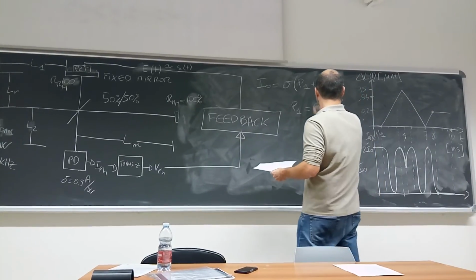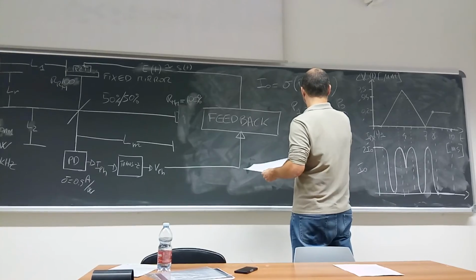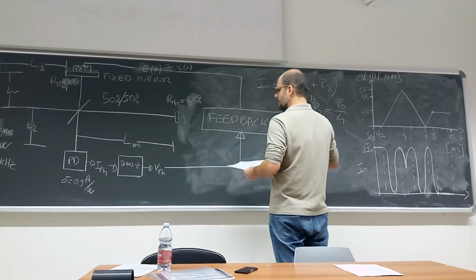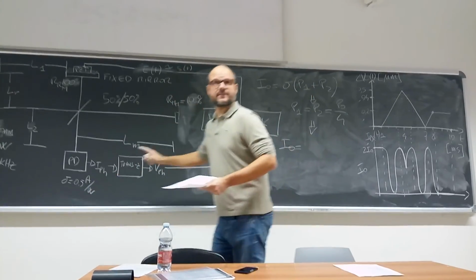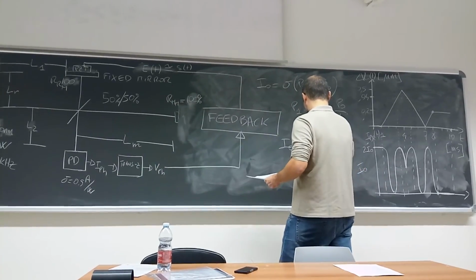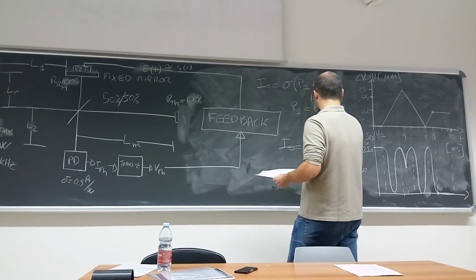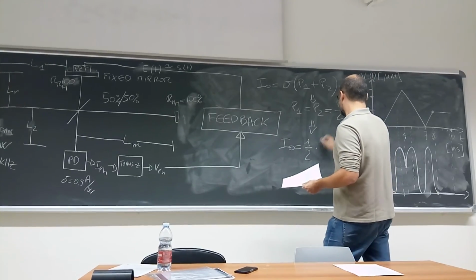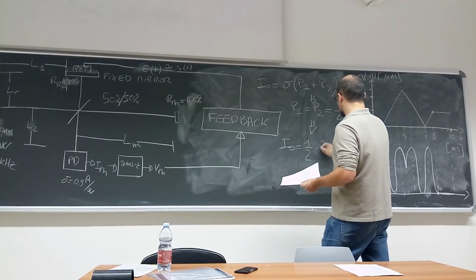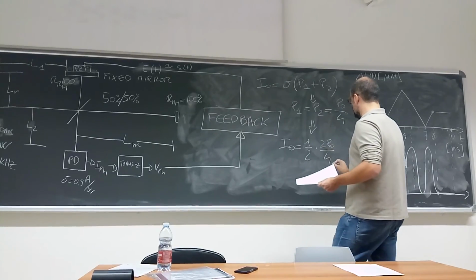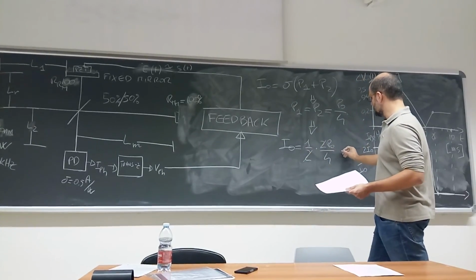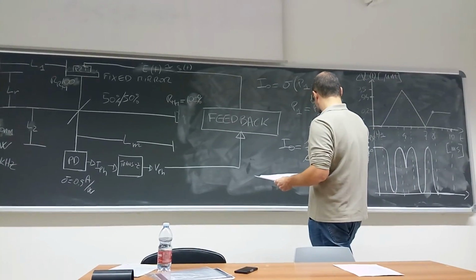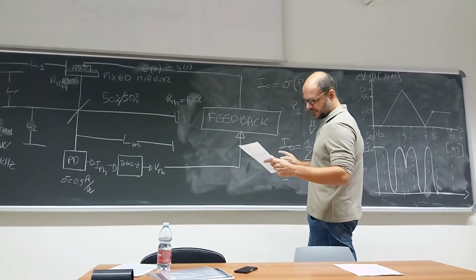So it means that I0 is equal to sigma, that is 0.5, or 1 over 2, multiplied by, for example, P0 divided by 4, and this is equal to 2.5 milliamp.